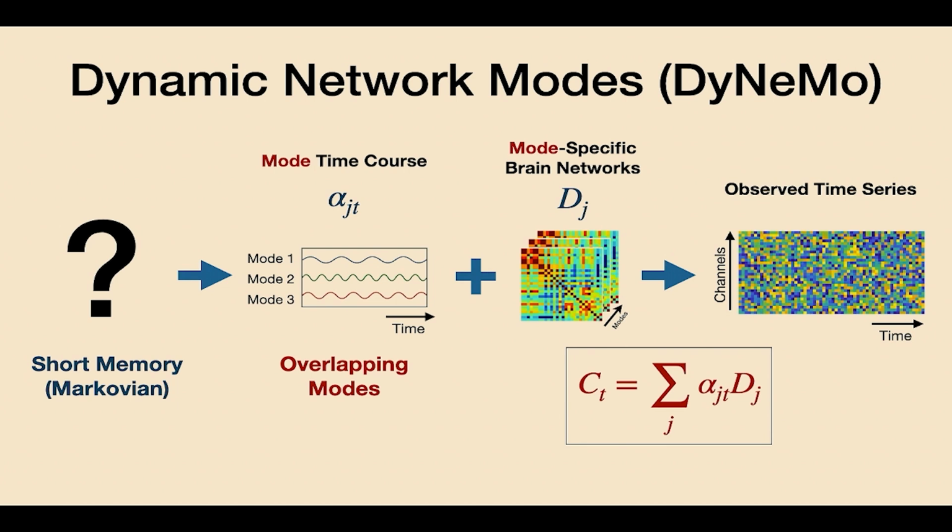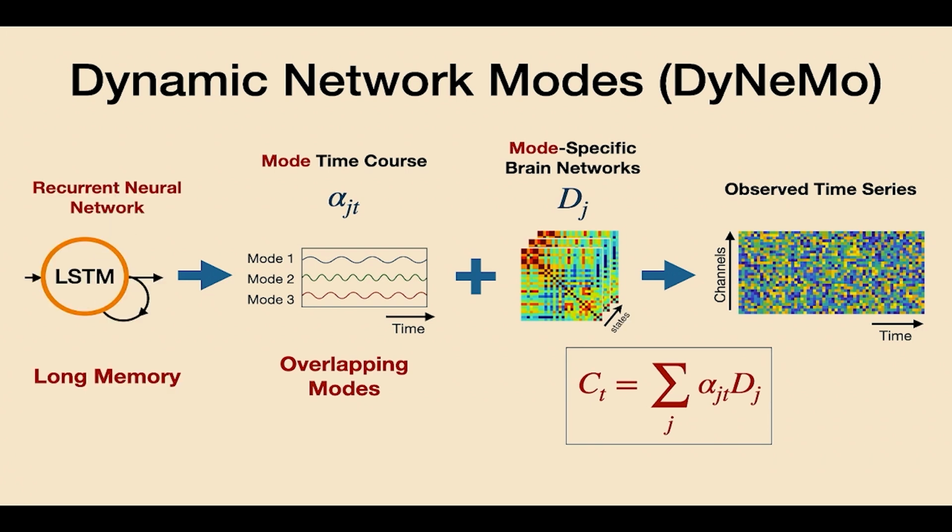I refer to these now as modes to indicate a temporal overlap, whereas a state would be one entity at a given time point. And then we can also use more modern deep learning architectures to model the forecasting of these mixing coefficients, and we use LSTM, which is a form of recurrent neural network. This has been shown to be able to model long-range structure in time series data.